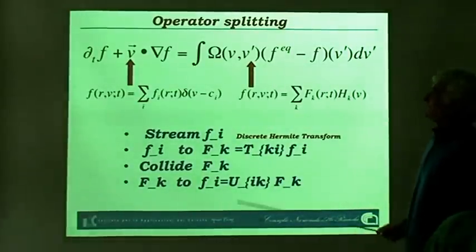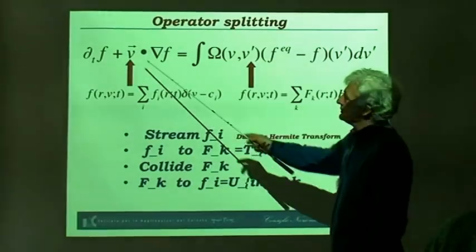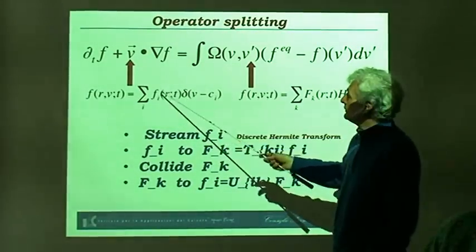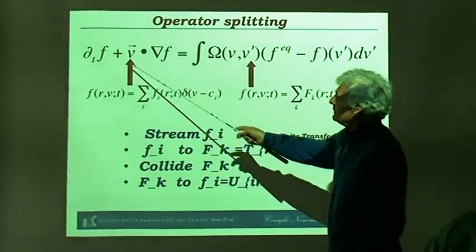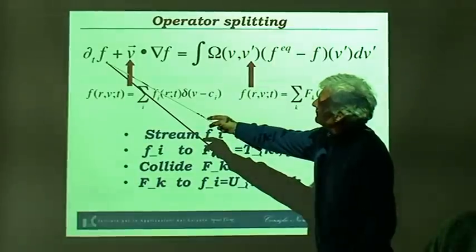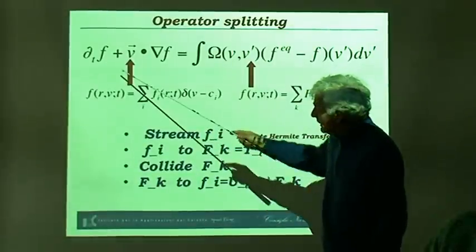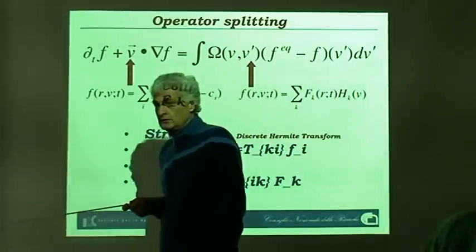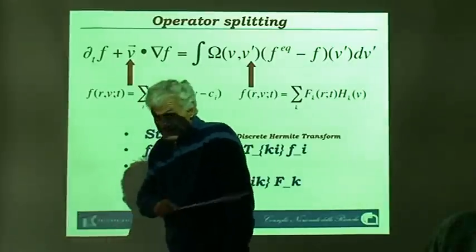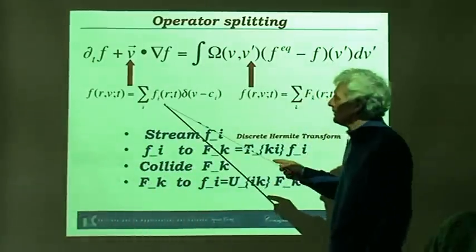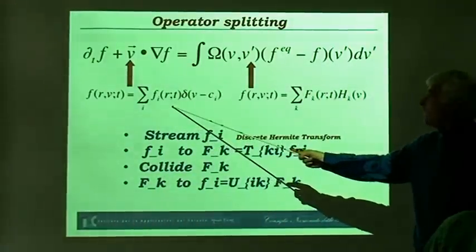From the coding point of view, this representation is perfect for the streaming because, as we recognized in previous lectures, F sub i will just move to the next nearest location, and this is exactly correct. So for the streaming, we really want to use this representation.